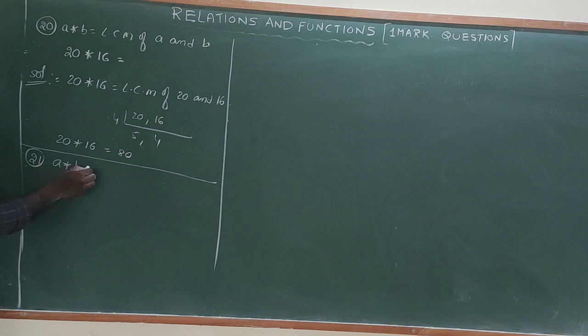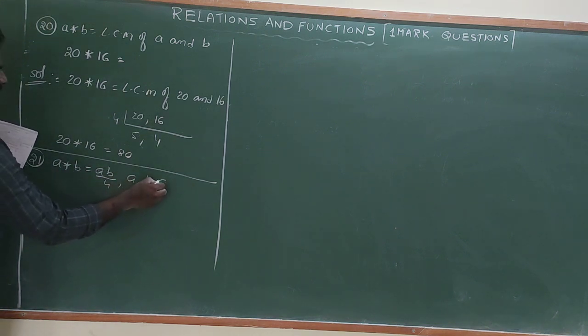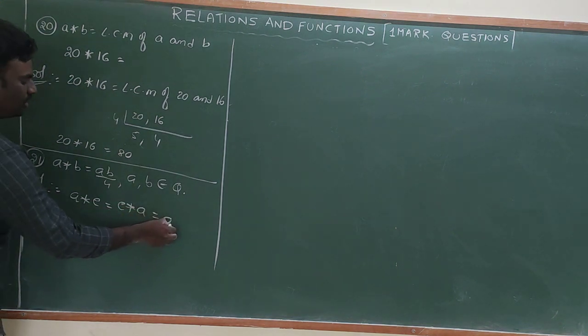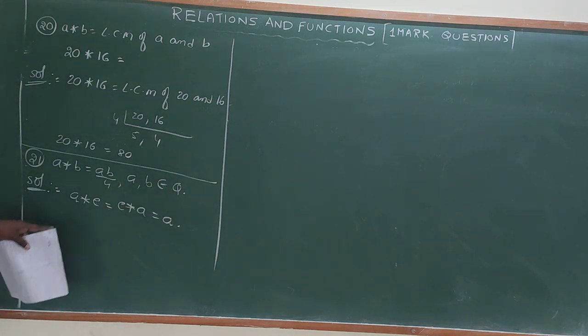A star B is equal to AB by 4, where A comma B belongs to Q. Find the identity element. What is the condition for identity element? A star E is equal to E star A is equal to A. This is the condition for identity element.